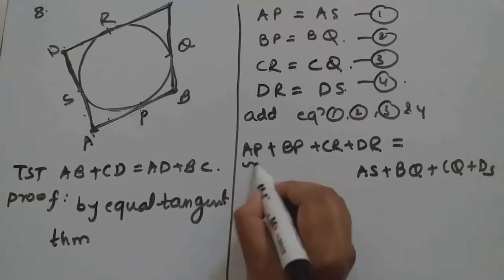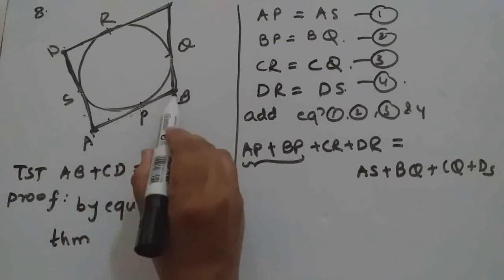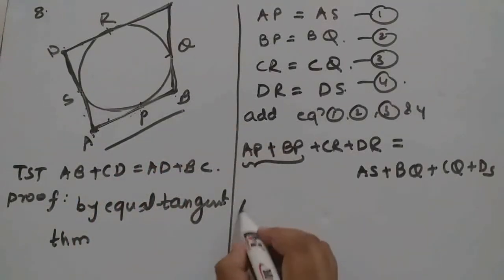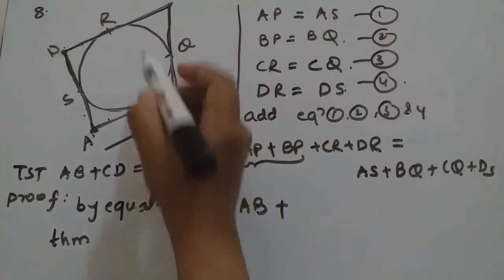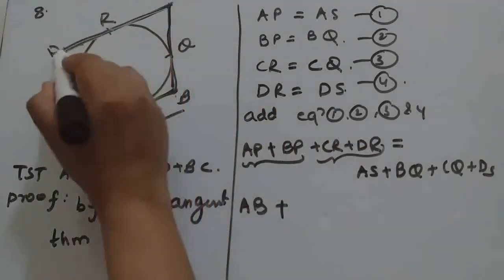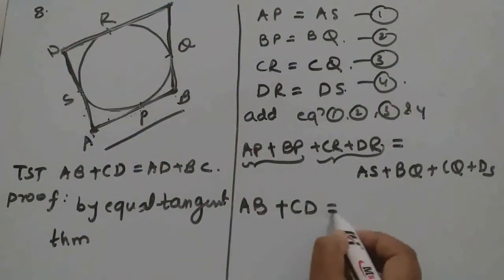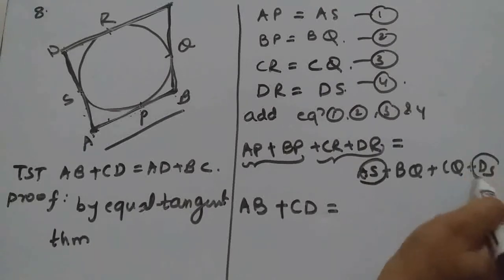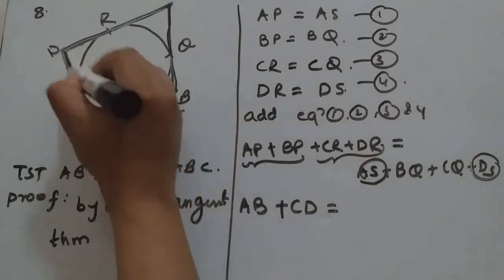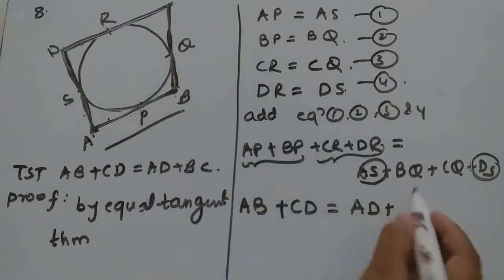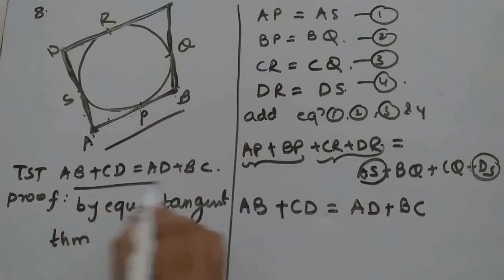Now AP plus BP, if you observe, will give nothing but the complete length AB. And CR plus DR, these two segments, will give CD. And here also AS and DS will be AD, and BQ and CQ will be BC. So we have proved it here.